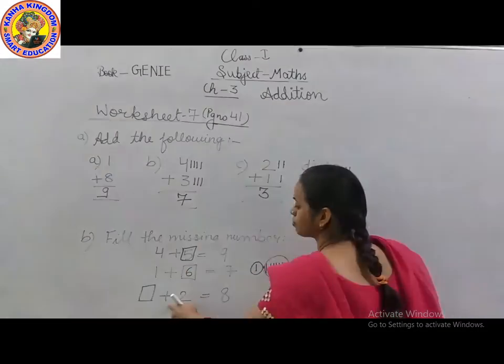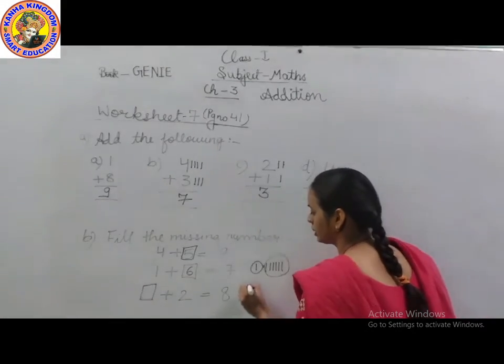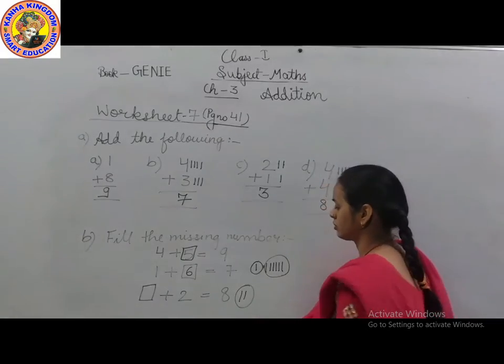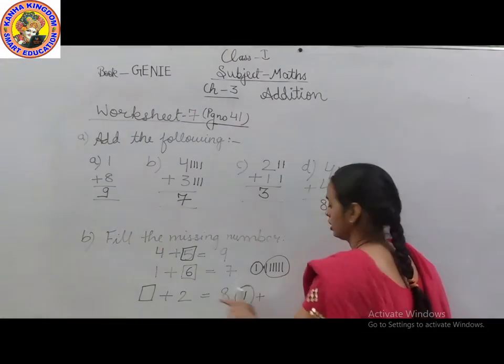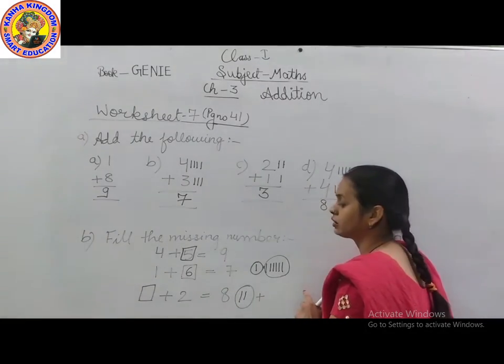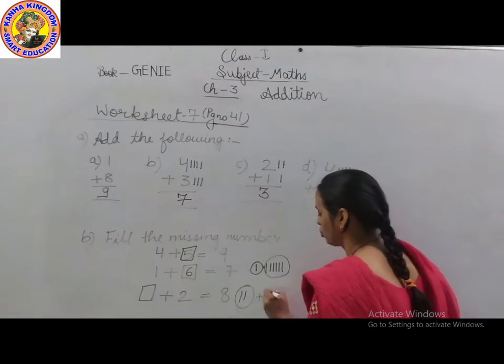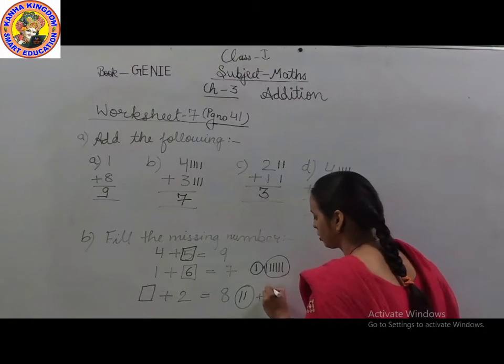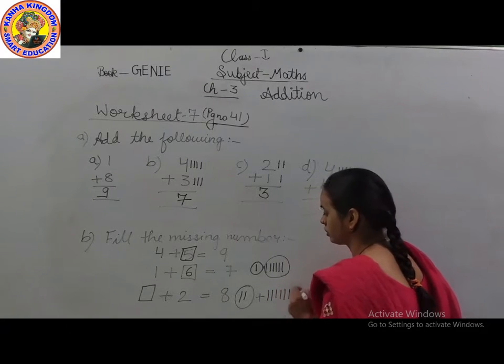Next is dash plus 2 equals to 8. So first we draw 2 lines. Then count forward from 2 till we get 8. So 1, 2, 3, 4, 5, 6, 7, 8.